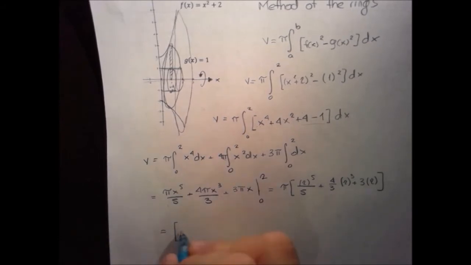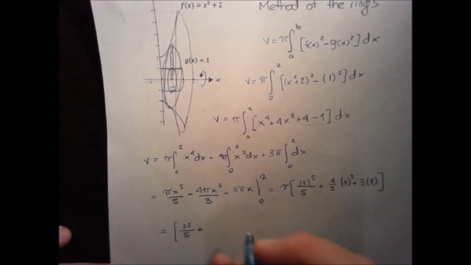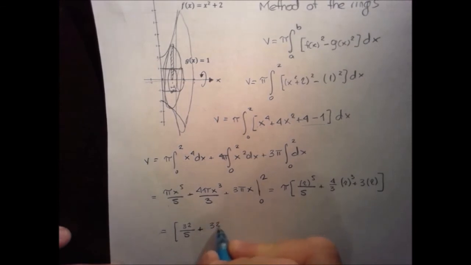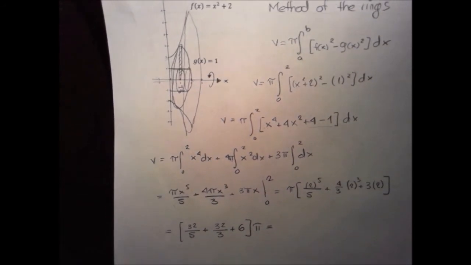Okay, so we're going to have 32 over 5 plus 2 by 2 is 4, by 2 is 8, times 4 is 32 again, 32 thirds plus 6, and everything is going to be multiplied by pi.